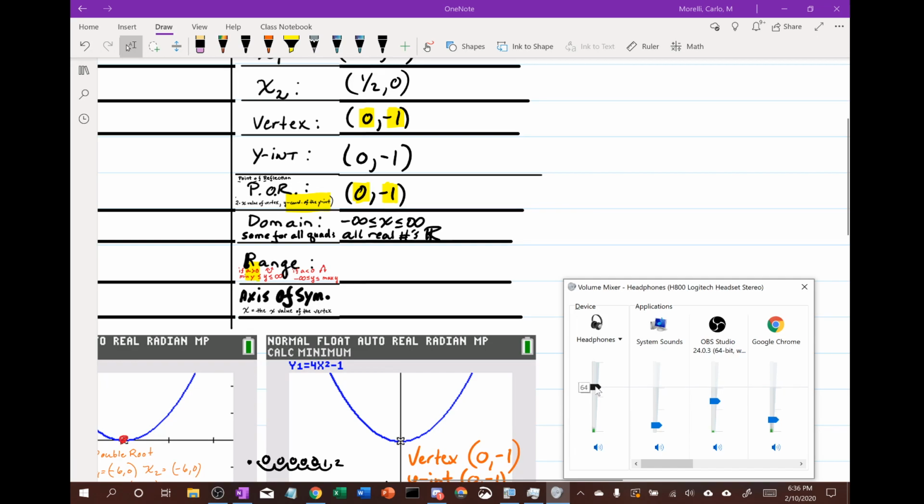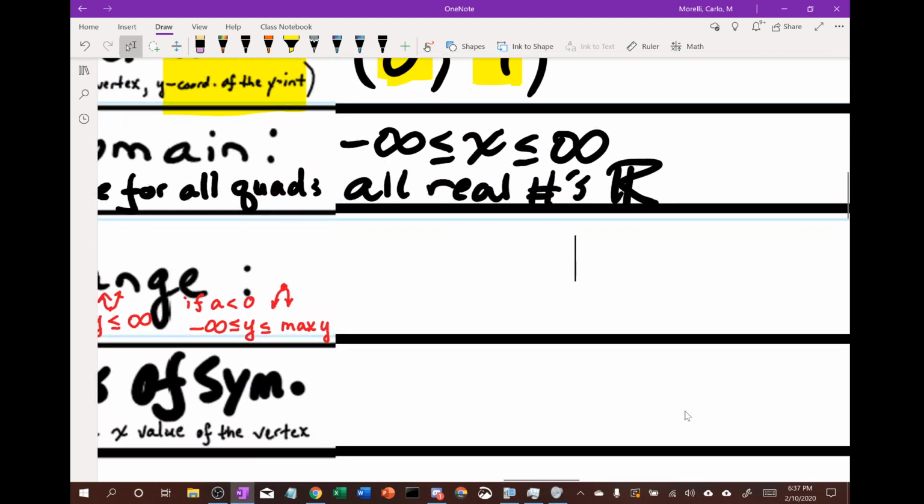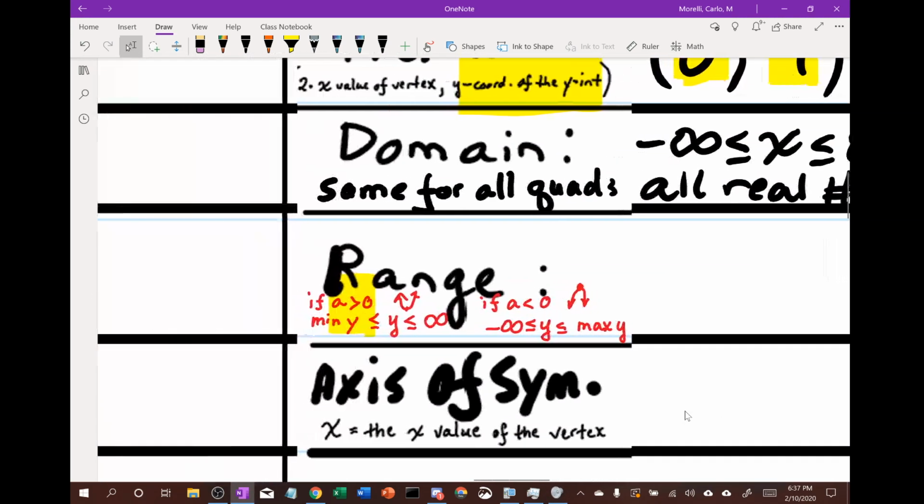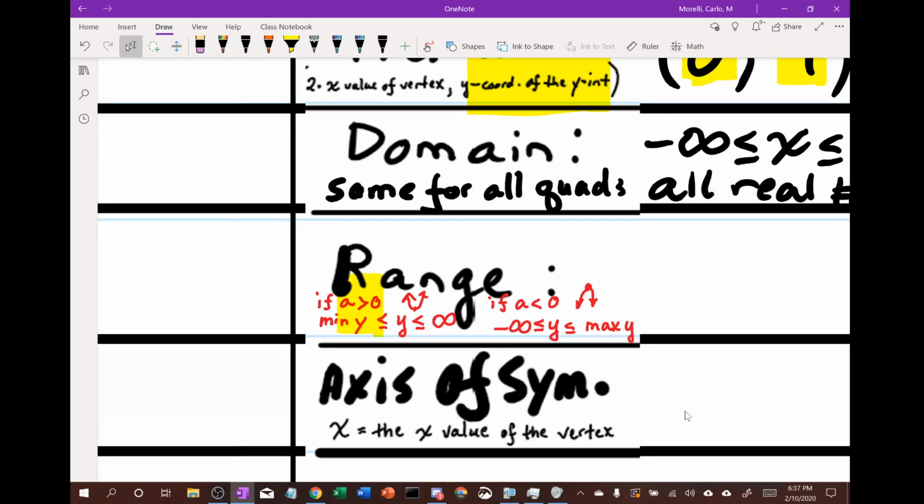Okay, Jasmine, what did you say that the range was? Let's look and see. It tells us if it's a minimum, we take the minimum y value.